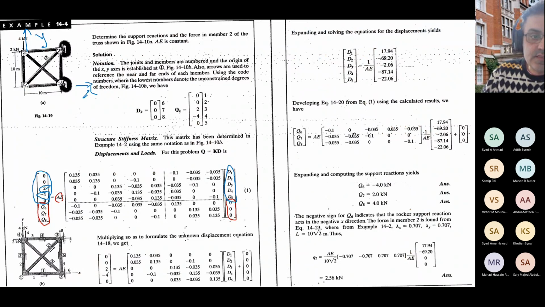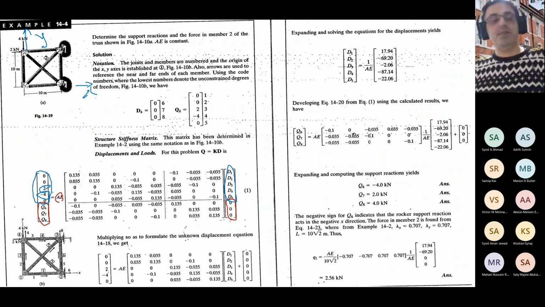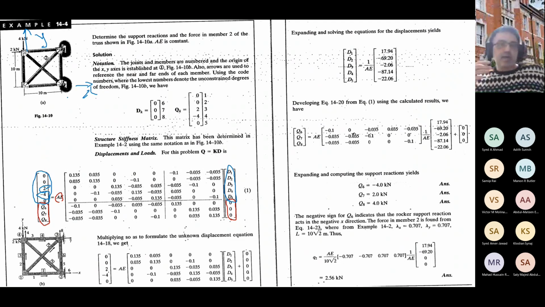This minus 4 sits in the fourth place because these two forces are applied in degrees of freedom 3 and 4, right? And why is this minus 4? Because the 4 kilonewton is applied in the opposite direction of the y coordinate system.